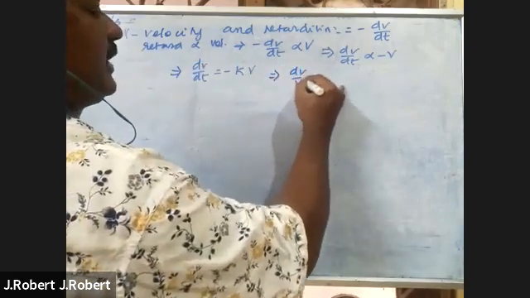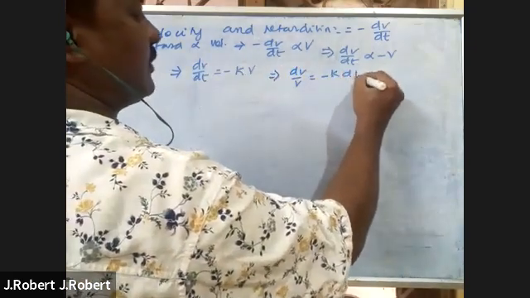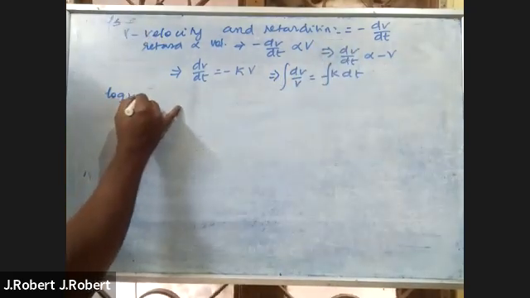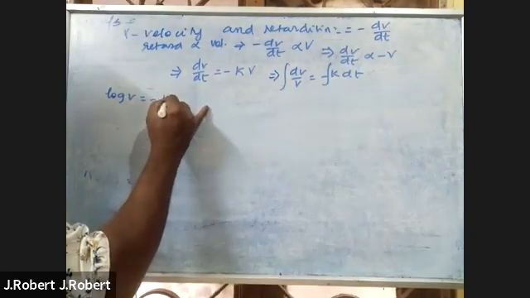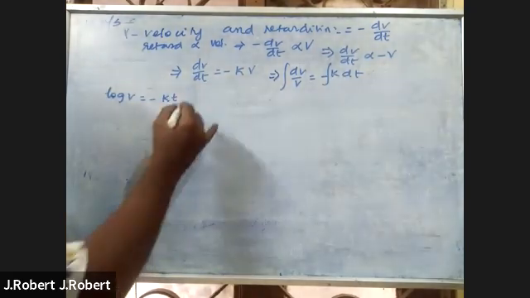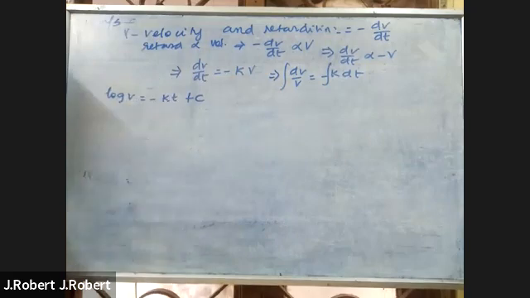As usual, the regular procedure, the variables are separated. dv by v is equals to minus k into dt. Integrating on both sides, we get log v is equals to minus k into t plus c.